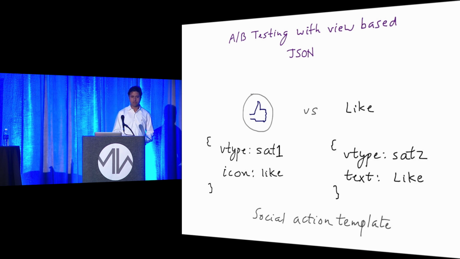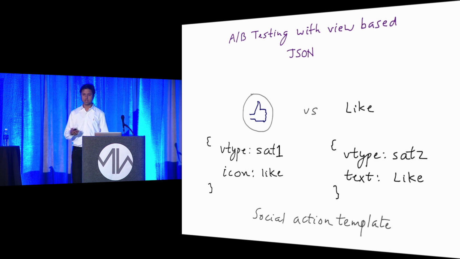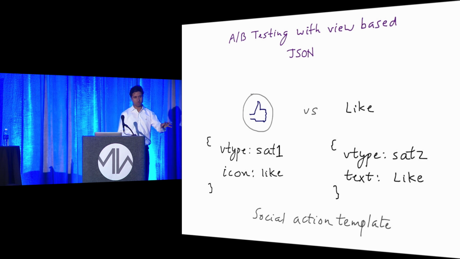And when the server sends SAT2, it would pick up the view-based template for like as a text and show the text like. This makes it really simple because the client is actually not really involved in this A/B test. It's the server that's doing it. The server just says, use SAT1 for this set of users, use SAT2 for this other set of users.